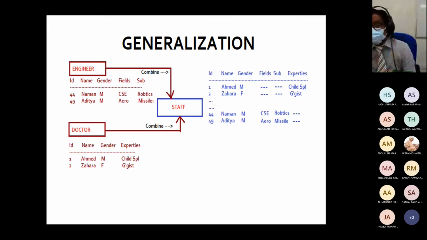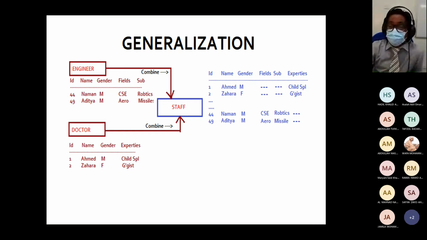But they came from split information, because you performed the specialization and identified the low levels, which are engineer and doctor. But eventually, in the approach of your EERD, they also belong to one entity. So it's straightforward.